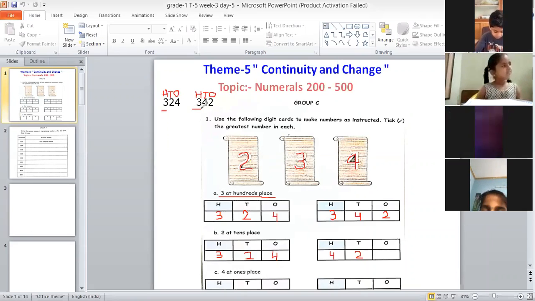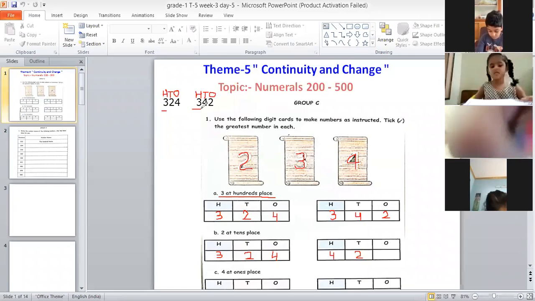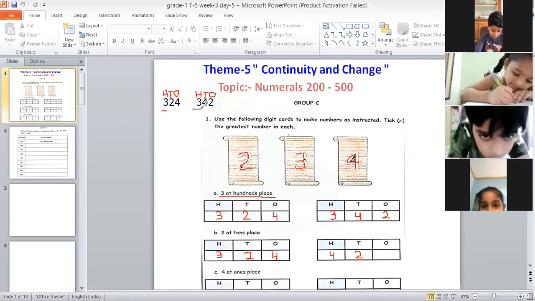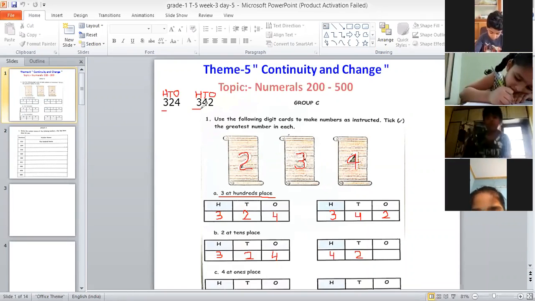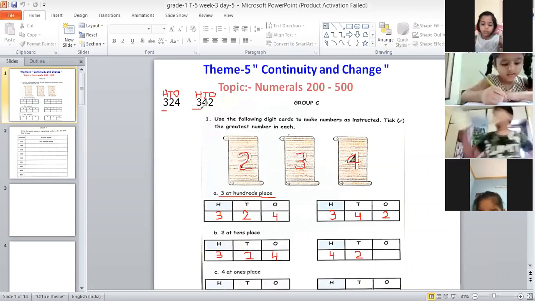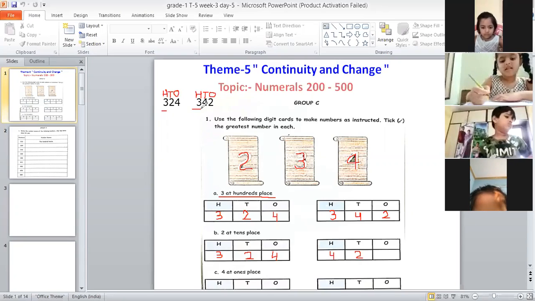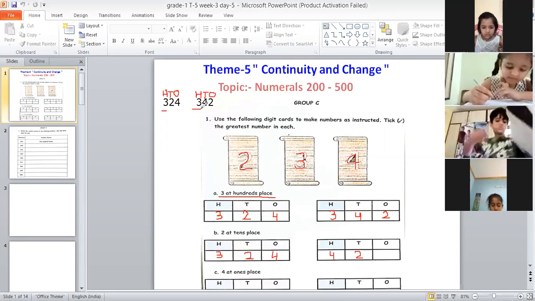Now, both the numbers are same, 3 and 3. So we cannot compare the numbers. We cannot say which number is bigger.